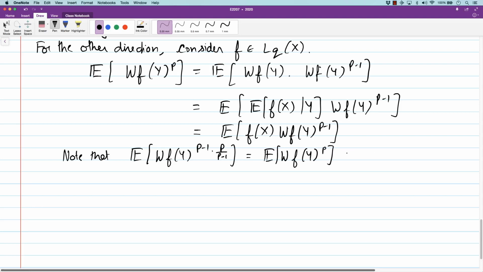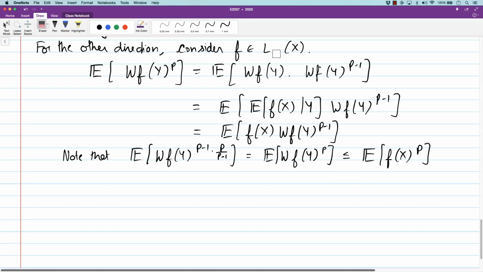And that guy here is less than or equal to, this is the contractivity property we saw earlier, the norm of f(x) to the power p.